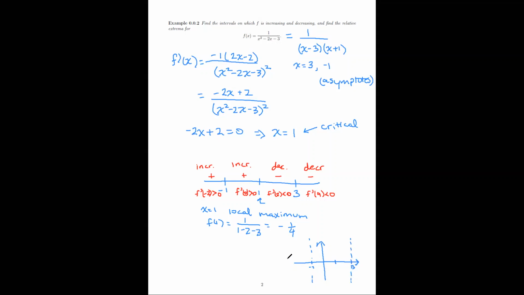So what's going on here? Before minus 1, we're increasing, so we're going to look something like this. And then I know that I'm going to have a relative maximum here, which means that I'm increasing up to this point, and then I'm decreasing back down again, and then I'm decreasing after 3. So we can guess that our function will look something like this.